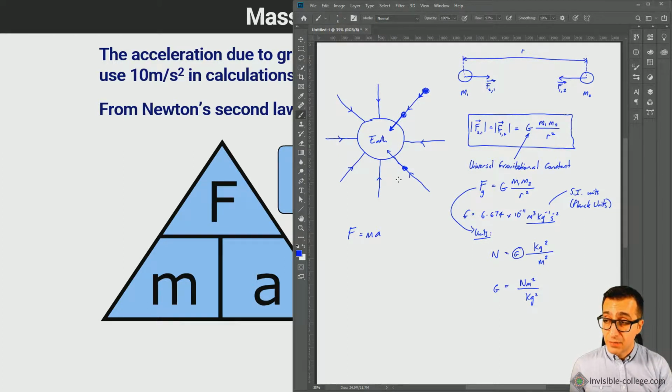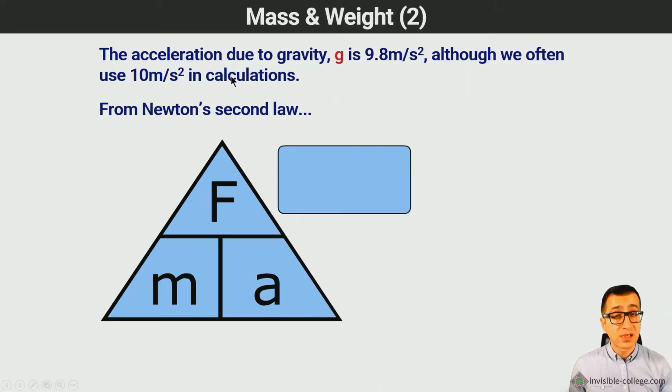But in fact, if we look at the idea of gravity as a whole, nearer the surface of the Earth, the force is greater on that same mass than further away from the surface of the Earth. So clearly, the acceleration due to gravity, if the mass remains the same, is going to be different at different distances from the Earth. But near the surface of the Earth, we say, as an approximation, as a simplification, that the acceleration due to gravity is a constant 9.8 meters per second squared.